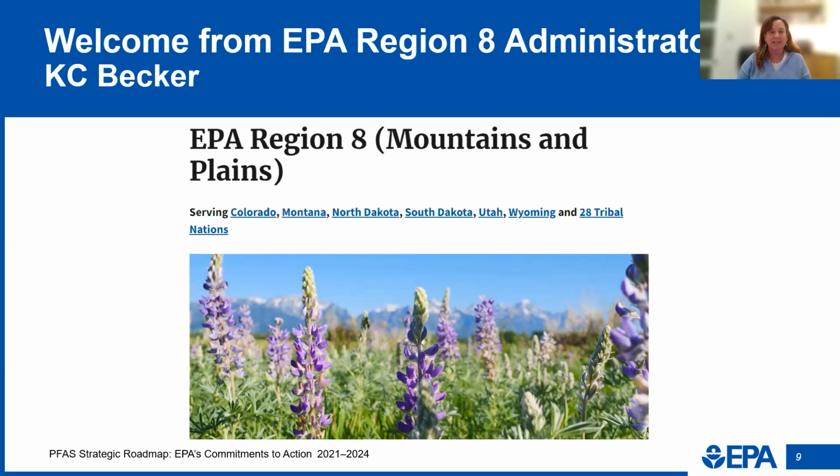Each state has a sampling effort underway to identify and prioritize areas of concern, and several states are implementing bans or collection programs to remove unused PFAS-containing firefighting foams. This summer, the region will begin sampling wastewater at selected sites located on tribal reservations to identify the presence of PFAS there.